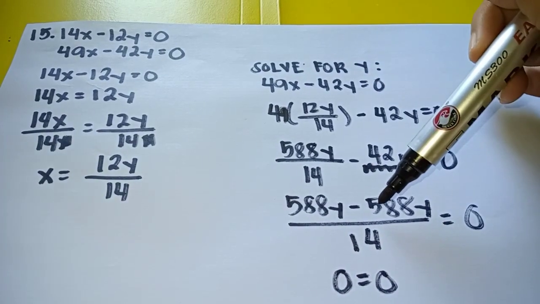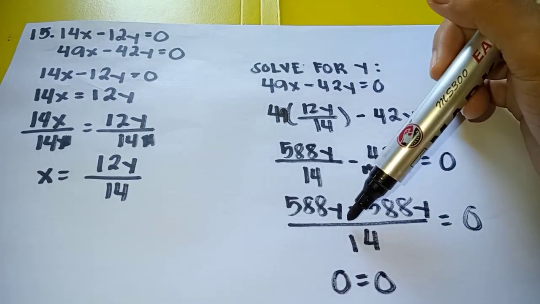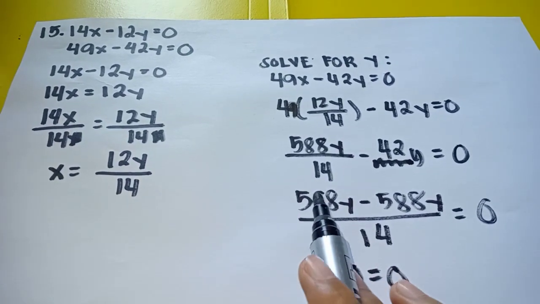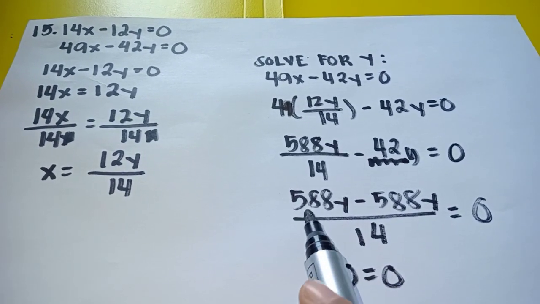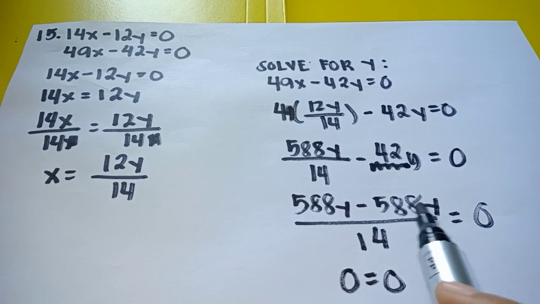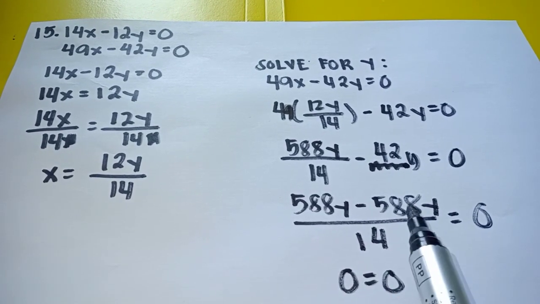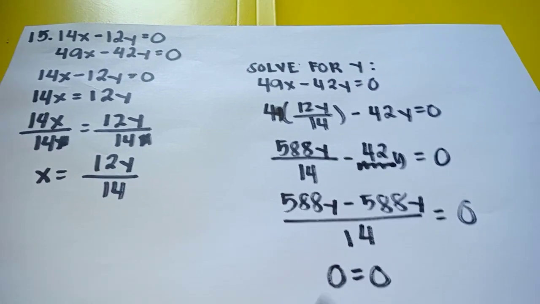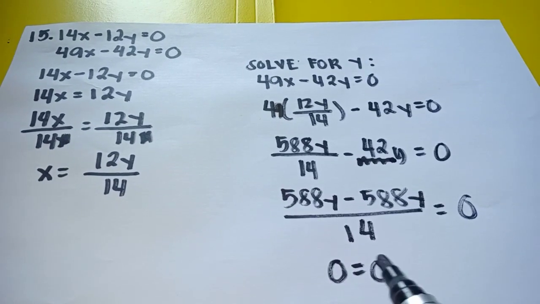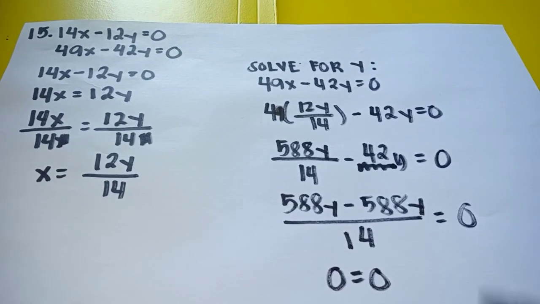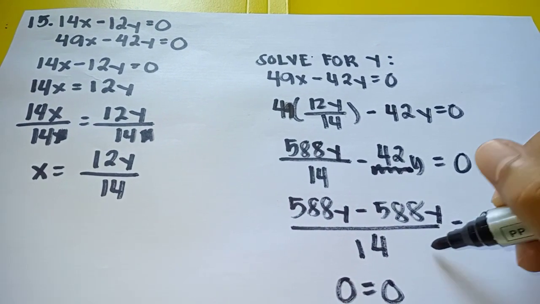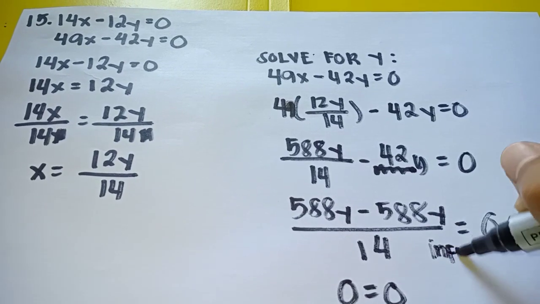So copy the LCD. So negative 588y minus 588y is equal to 0. So it was 0 over 14, which is 0, and that equals 0. So this equation has infinite solutions.